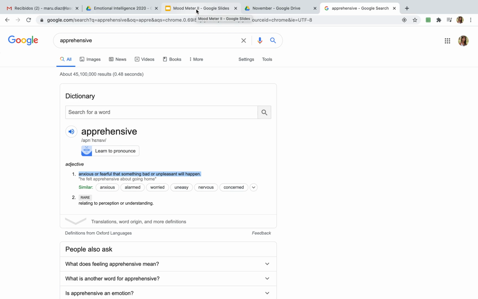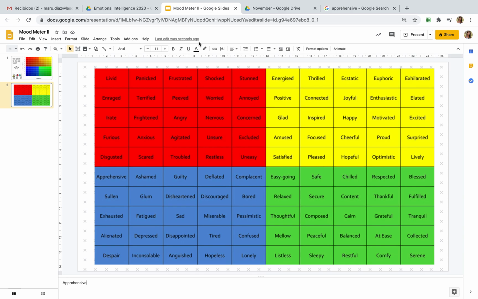Yes, we are all feeling a bit apprehensive right now because we are all a little bit anxious or fearful that someone we know might have coronavirus, for example, or someone we know might not be feeling so well. So I'm going to type that definition here, all right?